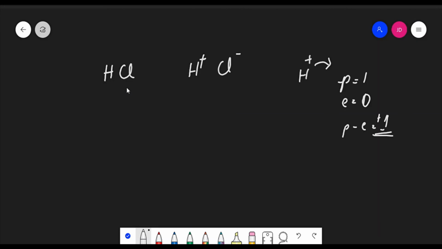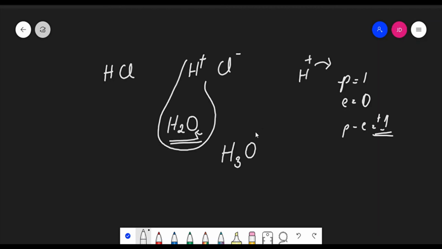When HCl is dissolved in water, it gives the electron to chlorine, and it doesn't stay as H plus. It reacts with a water molecule. As soon as it gives the electron to chlorine, it reacts with one water molecule and sticks to it. Water was H2O, one hydrogen sticks to it, so now it becomes H3O. Because the whole setup has one less electron, it becomes plus.